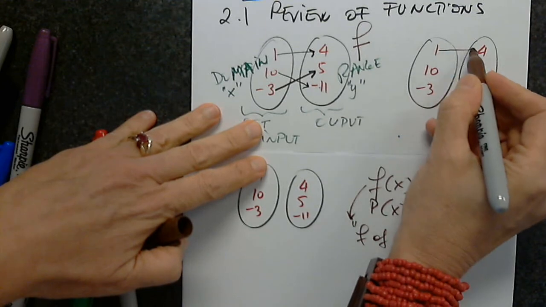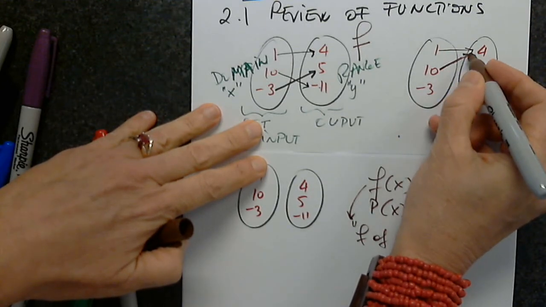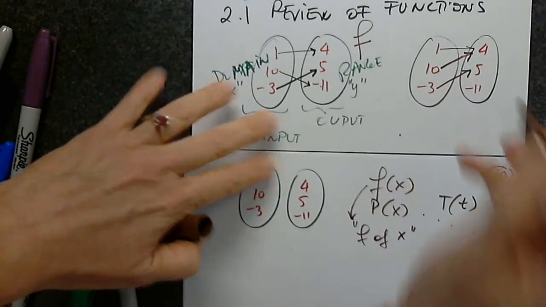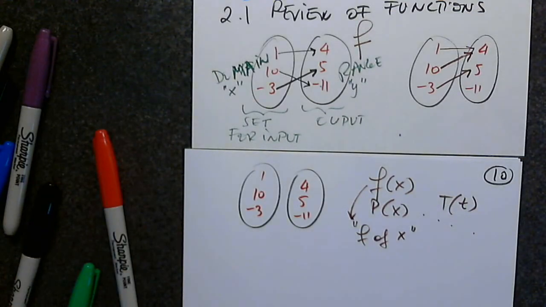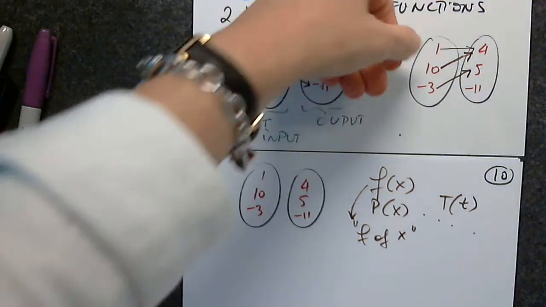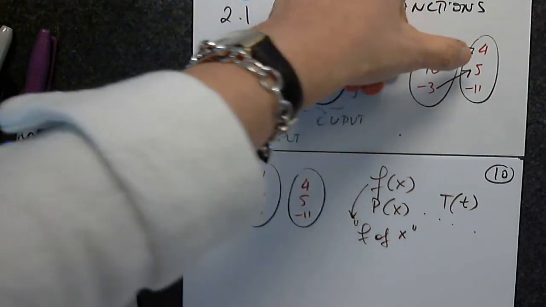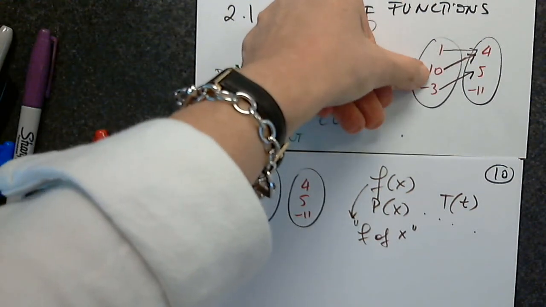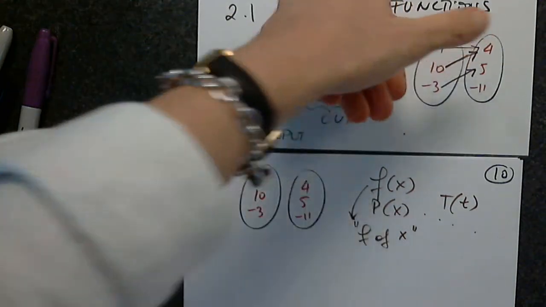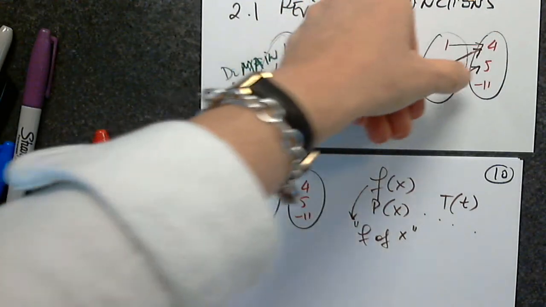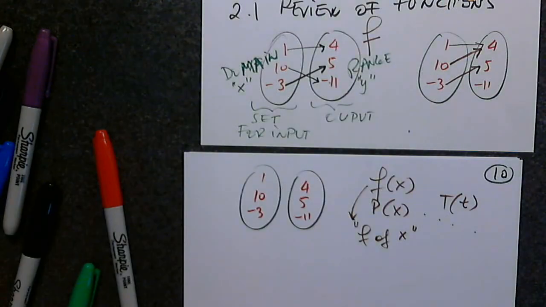Okay, let's move on to the second setup. So now I'm going to do this. I'm creating the link, and I decided to say that 1, the x value 1 corresponds only to 4. The x value 10 corresponds only to 4. The x value -3 corresponds only to 5.